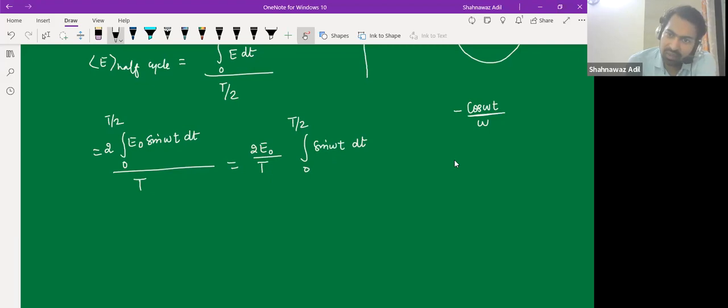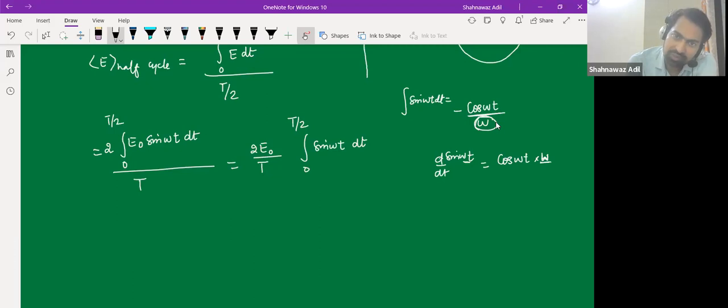Let's say you have d by dt of sine omega t. Then this would be cos omega t into omega. So in differentiation, this constant is multiplied, and in integration of sine omega t dt, this would be divided. Understand?